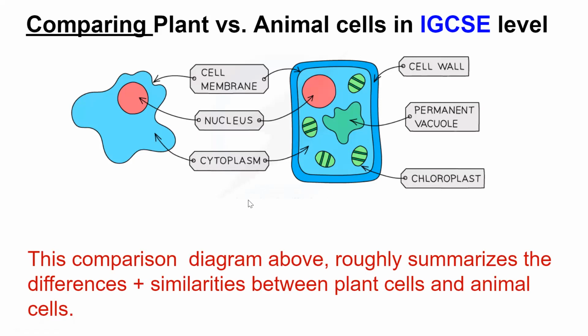The similarities you could tell at IGCSE level were that both cells have a cell membrane, both possess a well-defined nucleus, and both have a jelly-like complex matrix which contains all the components of the cell, that is cytoplasm. You could also say that plant cells possess certain unique structures, that is cell wall, permanent vacuole, and chloroplast, that are lacking in an animal cell.